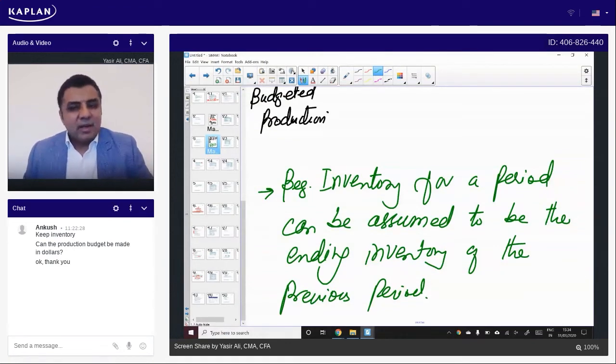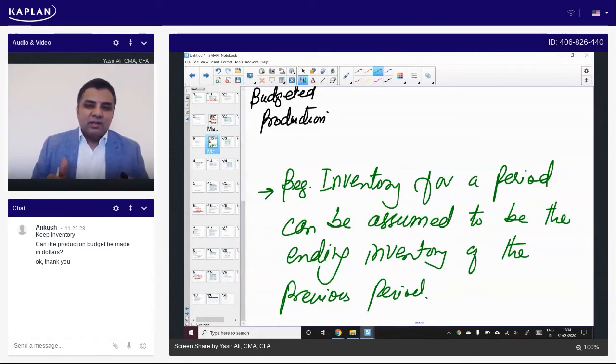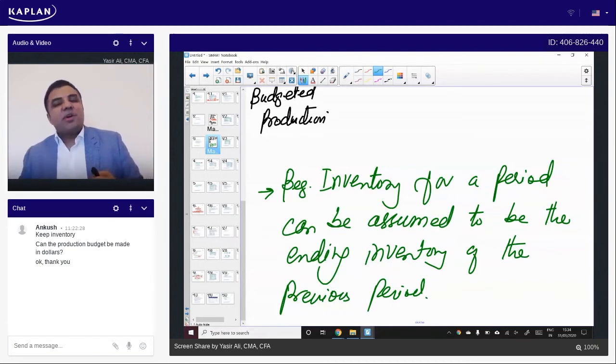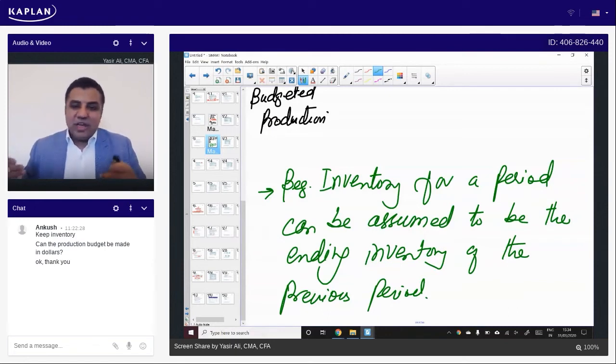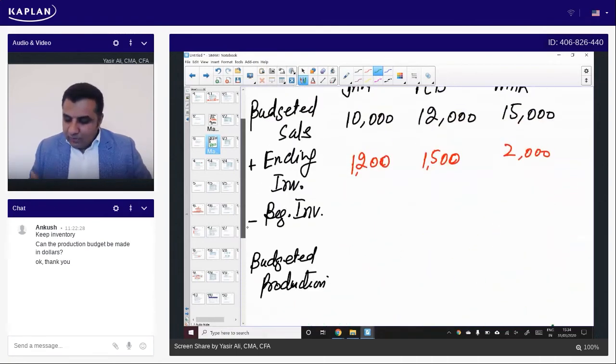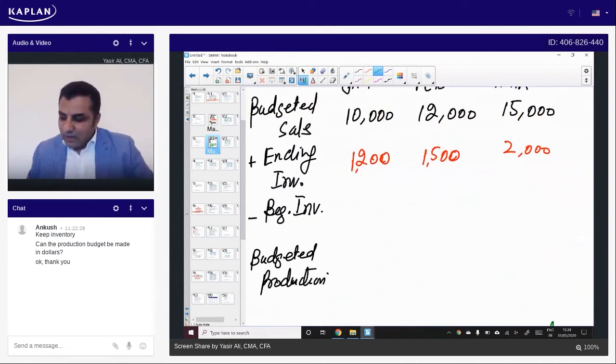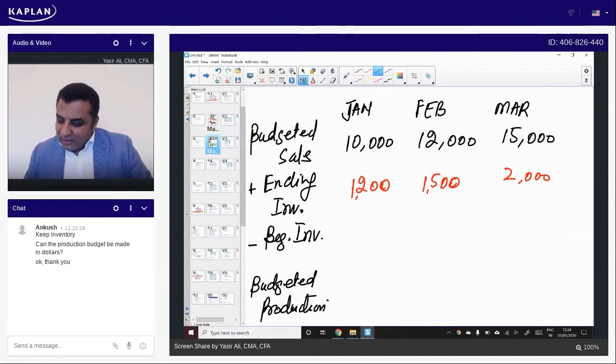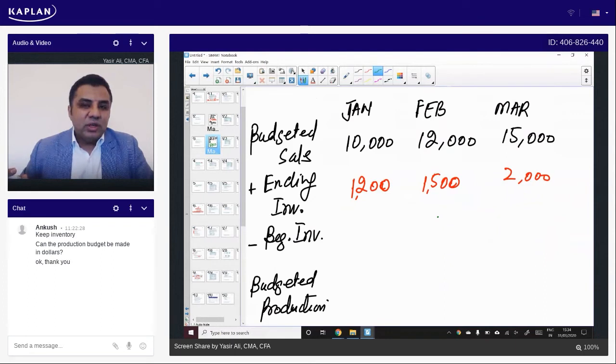Exactly the same thing. Ending of last year is beginning of this year. Ending of previous quarter is beginning of this quarter. Similarly, ending inventory on 31st January is beginning inventory on 1st February. So based on this rule, the beginning inventory for the month of February in this question would be the ending inventory for the month of January, which is right in front of us.